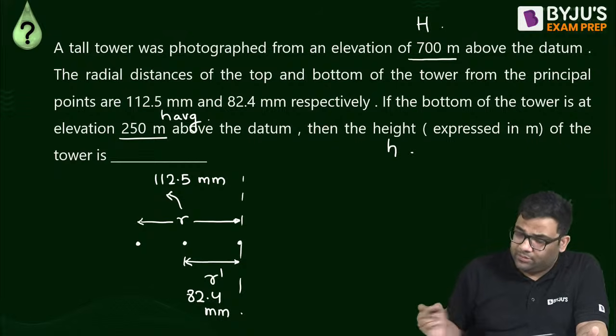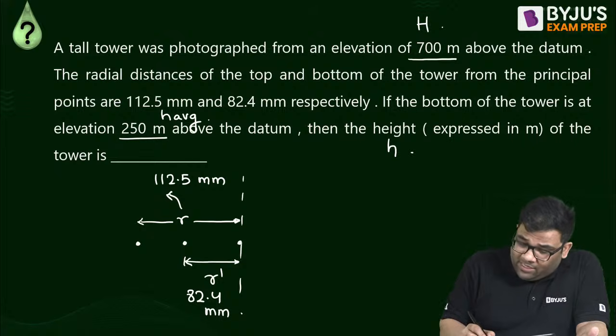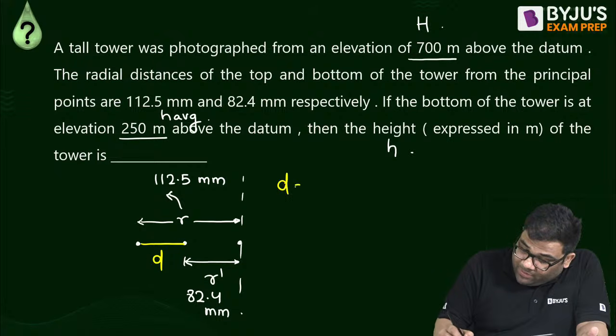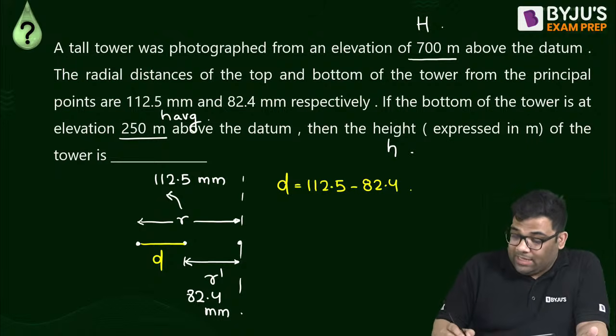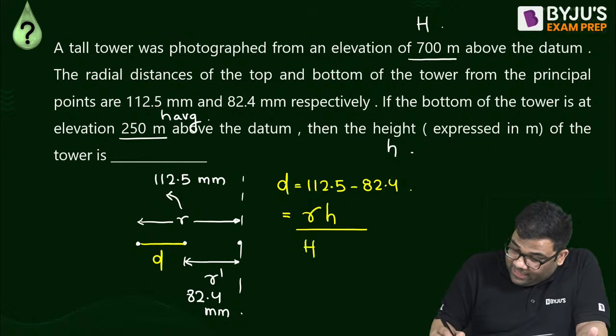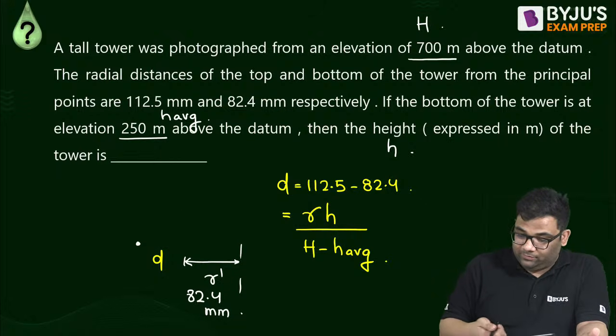So now here we can find out the relief displacement, right? What is the relief displacement? The relief displacement will be equal to 112.5 minus 82.4. And this I will equate to R, then h by capital H minus H average. So R is how much?